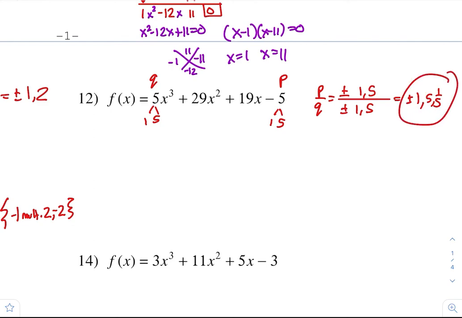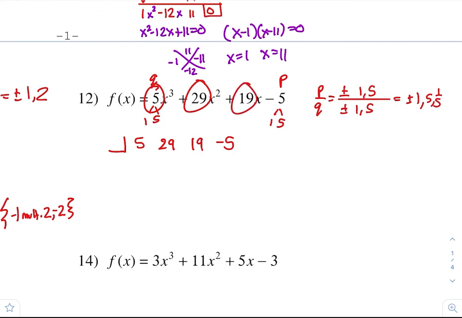So here's our possible rational zeros, so I'm going to use that list to hopefully find a rational zero for this function. So remember, 5, 29, 19, negative 5, that's how you guys set up your synthetic division. Alright, so let's try some stuff out. If we did negative 1, let's just see what happens.